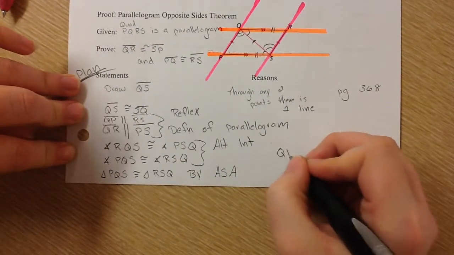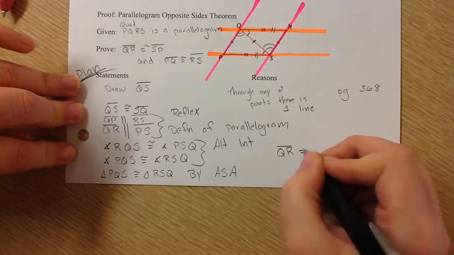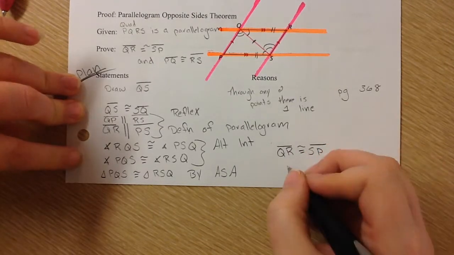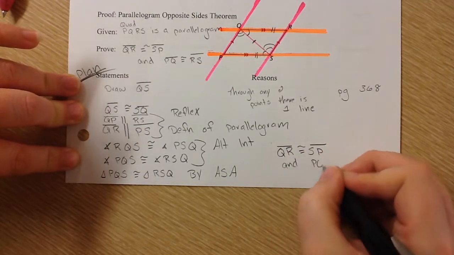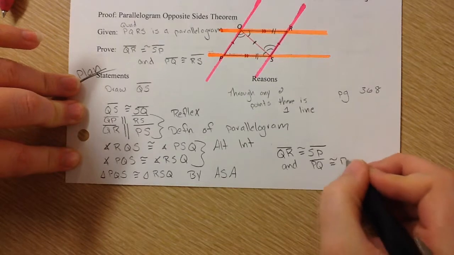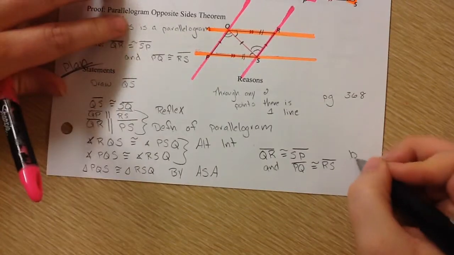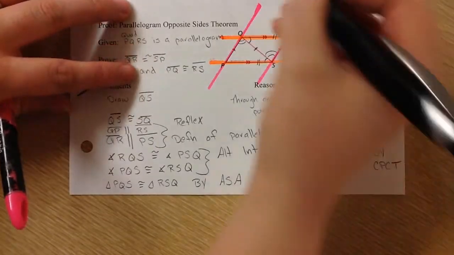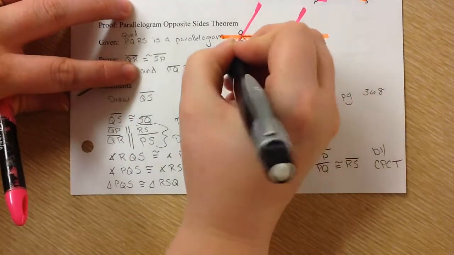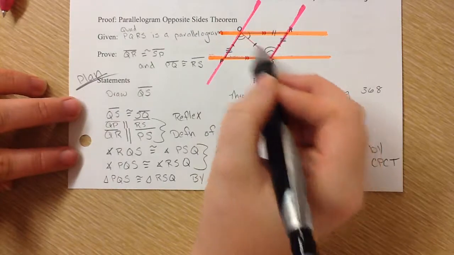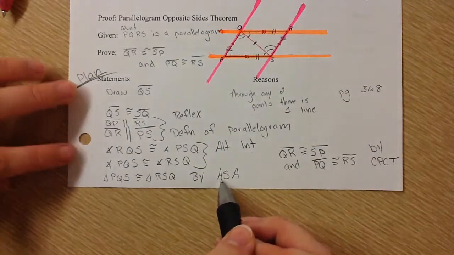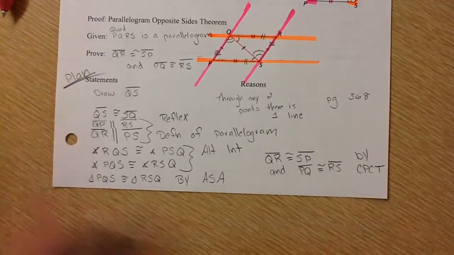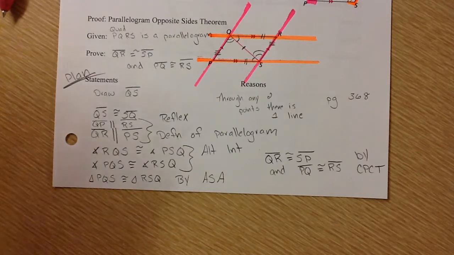So there's our final proof: QR congruent to SP and PQ congruent to RS, by corresponding parts of congruent triangles. Since we've proven these two triangles are congruent by angle side angle, all their pieces are congruent by corresponding parts of congruent triangles. There's the proof in a nutshell.